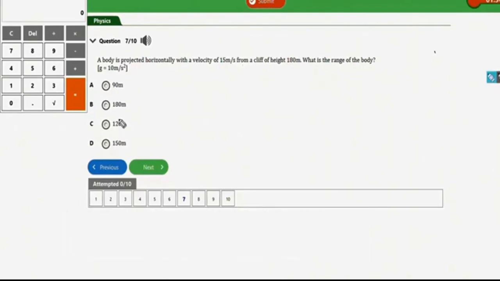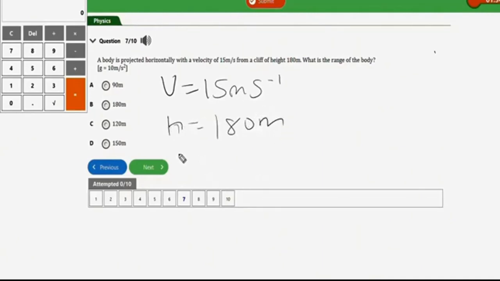In this question, we have our initial velocity to be 15 meters per second, and we have our height to be 180 meters. Now we are looking for the range, which is unknown. What's the range of the body? Now note this formula, guys. Range can be calculated using initial velocity times time of flight.